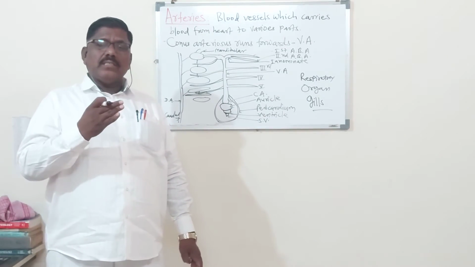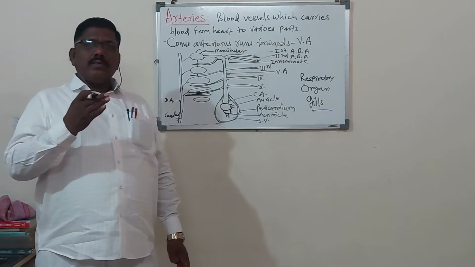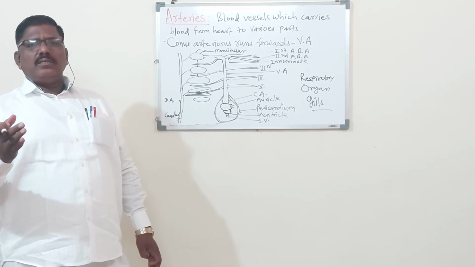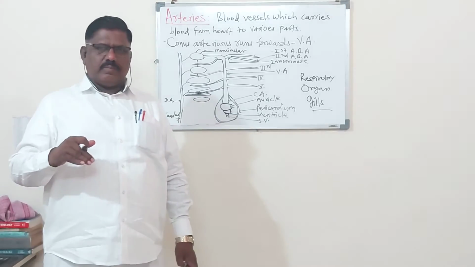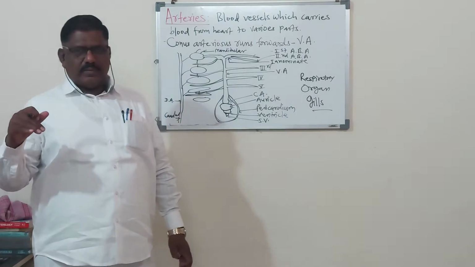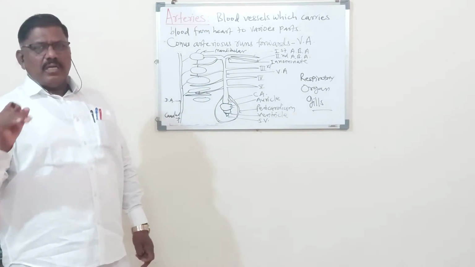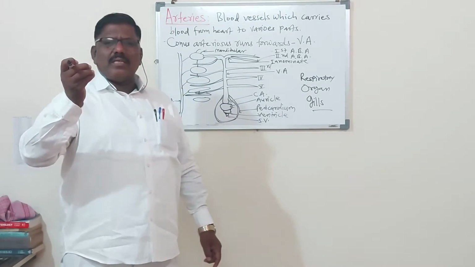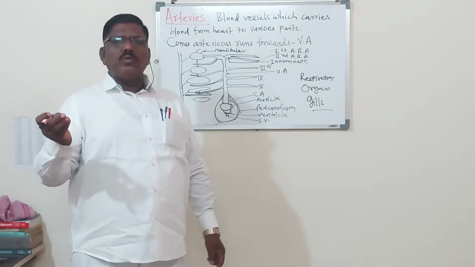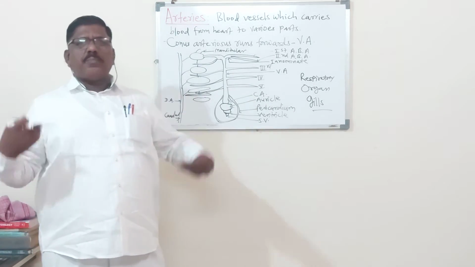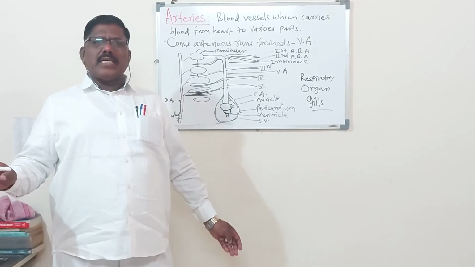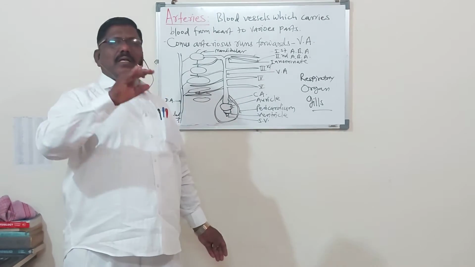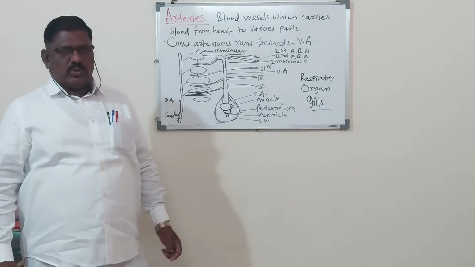So arteries supply the pure blood from the heart to the different parts of the body, different organs of the body, up to the cells. Here we are studying the arteries. Arteries are the blood vessels, we can say the rivers of our bodies. Blood vessels are the rivers of our body, and through that river the blood flows.